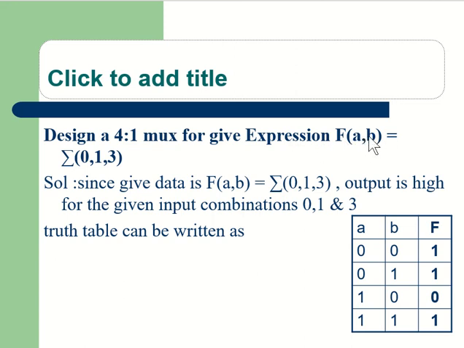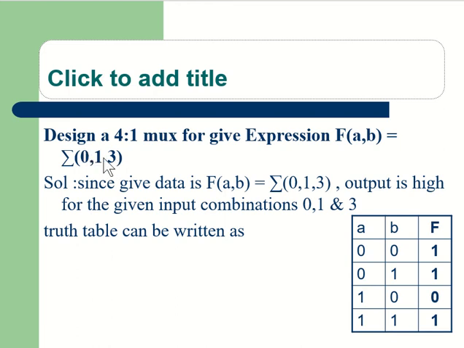So these two are nothing but input variables a and b, that is, it has two input variables. Then summation 0, 1, 3 indicates that for terms 0, 1 and 3, that is case 0, case 1 and case 3, the output is high.